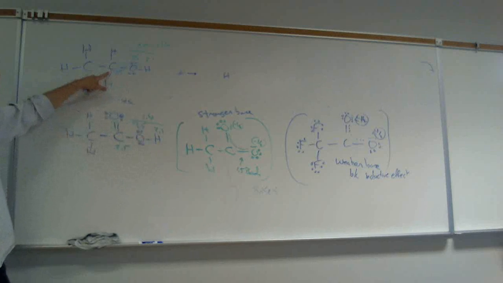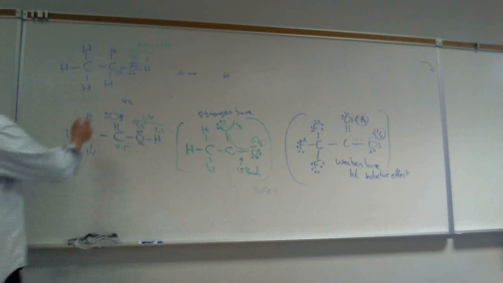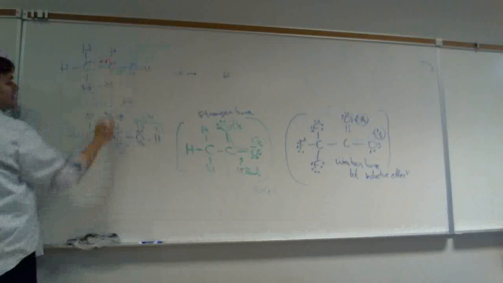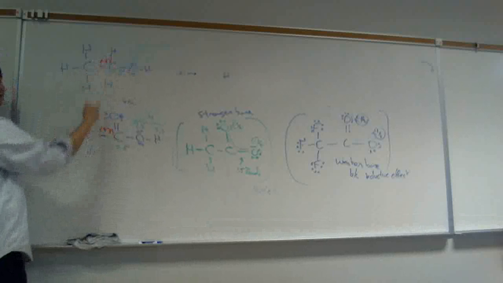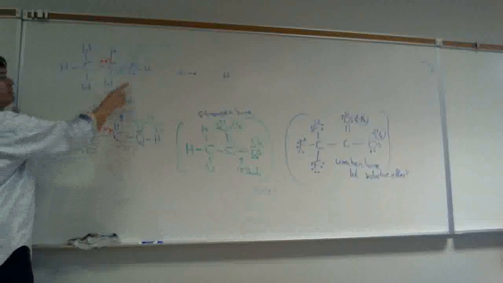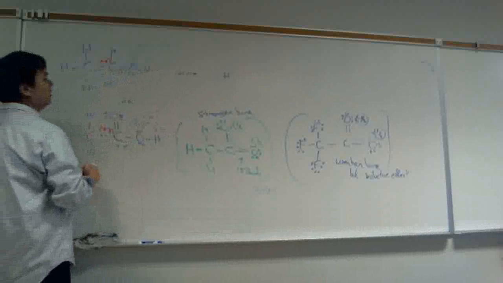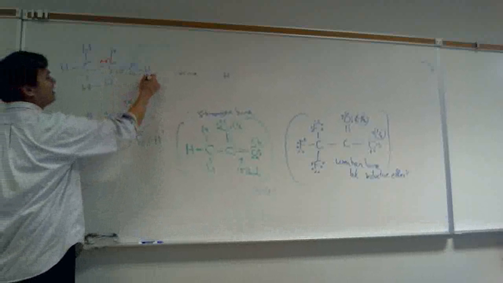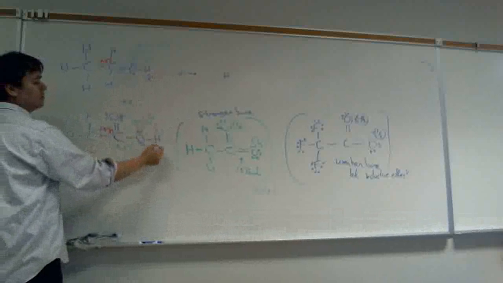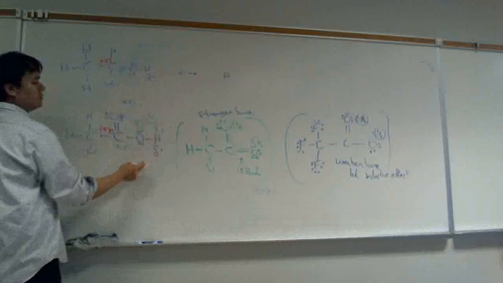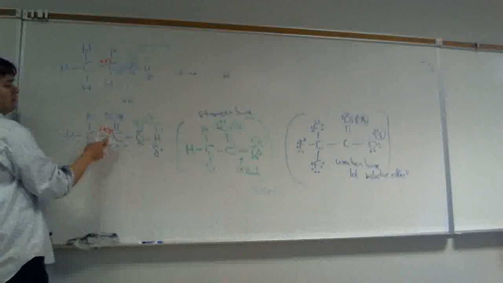What's the oxidation state of this one? -1? And this one? +3. Big difference. Which means this one is not going to have as big of a delta plus as this one. This one has a much bigger delta plus because of this carbon.